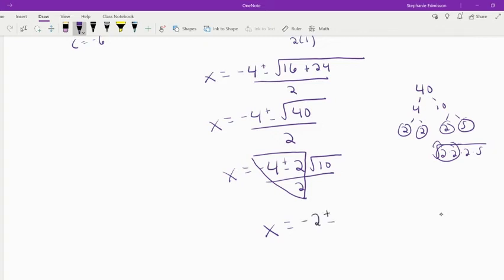Plus or minus, that becomes a 1, so it goes away. 10 over 2 divided by 2 is also 1, so I'm not going to write that because the 1 is understood. And I get x equals -2 plus or minus root 10. Okay, we have 2 more examples that we're going to look at.